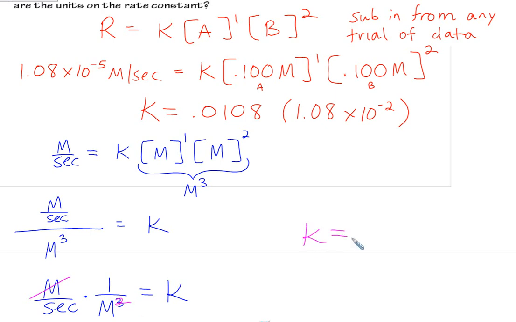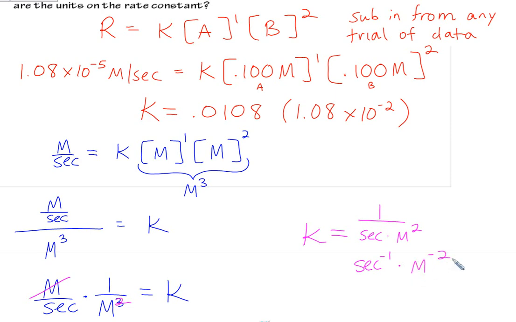And there's lots of different ways that you could write this then. Options. You could say K equals 1 over seconds times molarity to the second power. You could do that. You could write that as seconds to the negative first times molarity to the negative second.